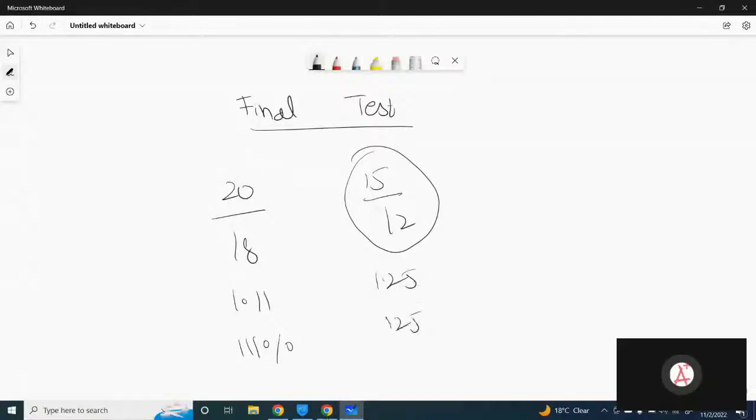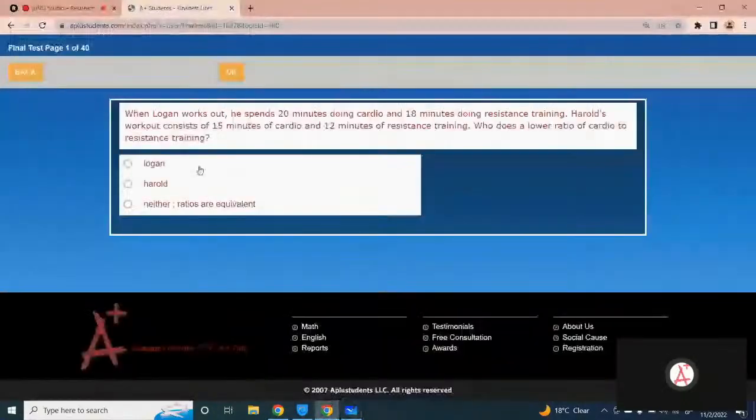Got it? So which one has the lower? So 20 by 18 is smaller than 15 over 12. Got it? So that means Logan has the lower ratio. Got it? Just select the correct option and then click on the OK button.